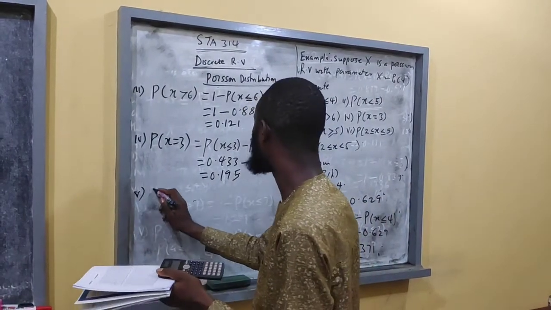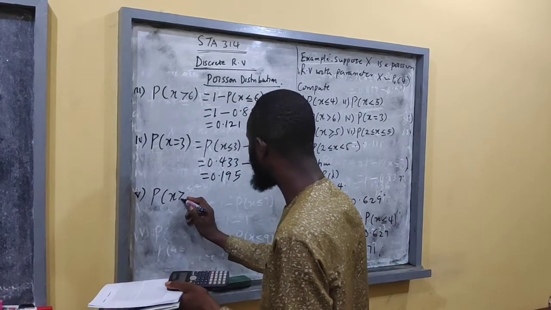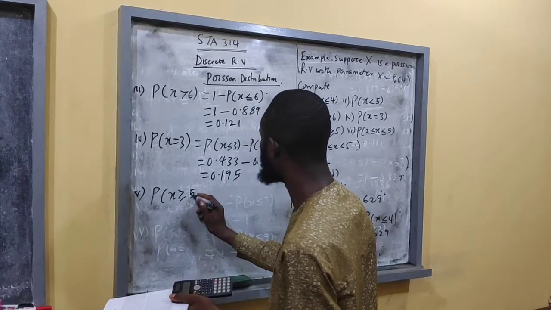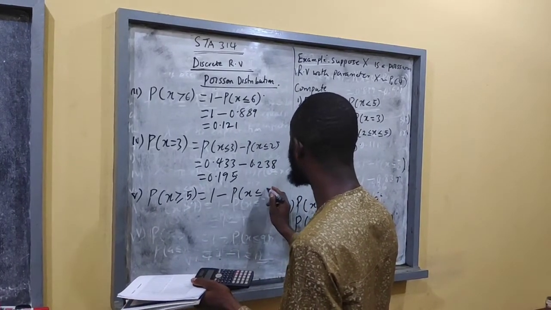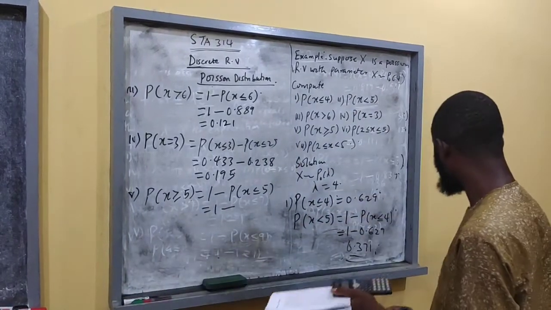Now the next one is number 5. Probability of X greater than or equals to 5. And what is that? This is 1 minus probability of X less than or equals to 5.